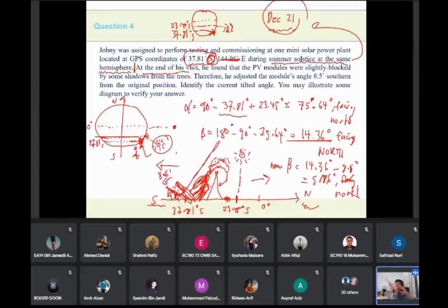The additional roof is there, so we just take the module based on the roof. That's why it gets 19.6. We minus, but the situation is different. It's about north facing north, and then you adjust it southern, so it's a different direction.